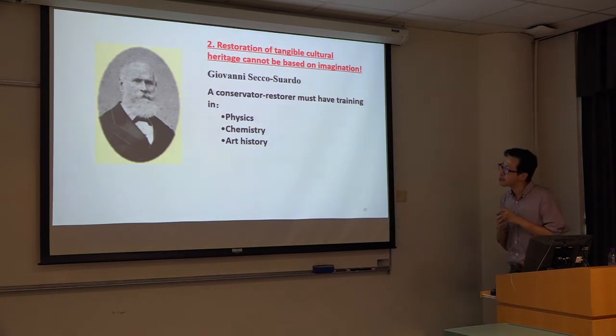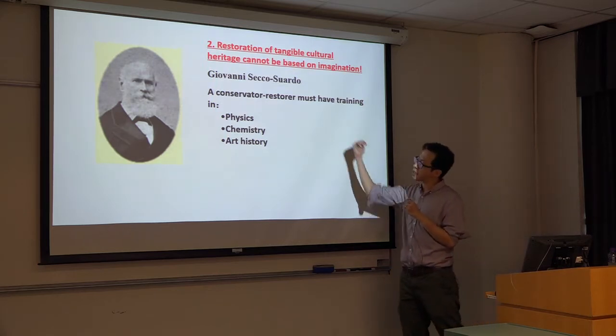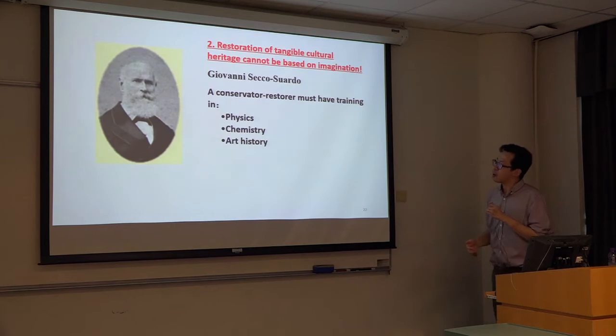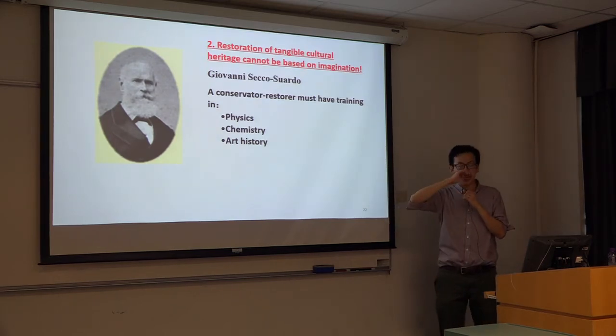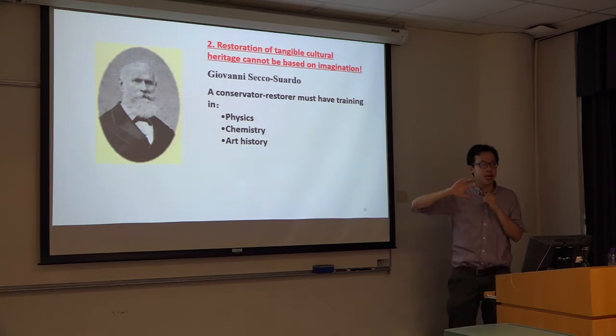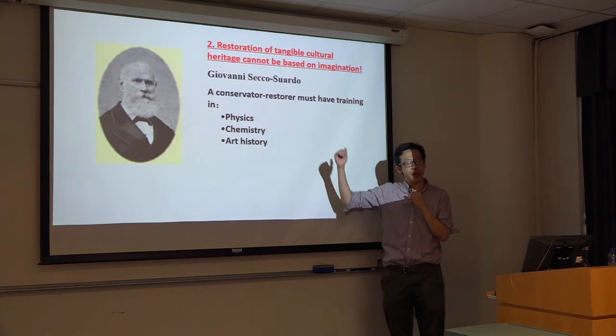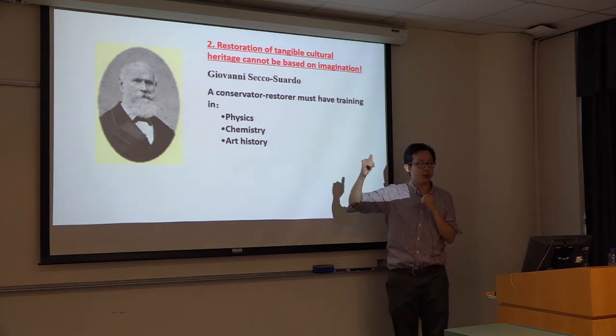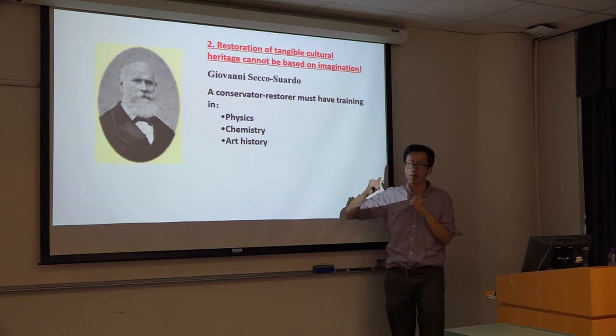So here I want to quote a very famous discussion by Giovanni Sacrosaldo. He is a very famous conservator. He did a lot of significant work, and he also developed a lot of theories associated with the conservation of painting.